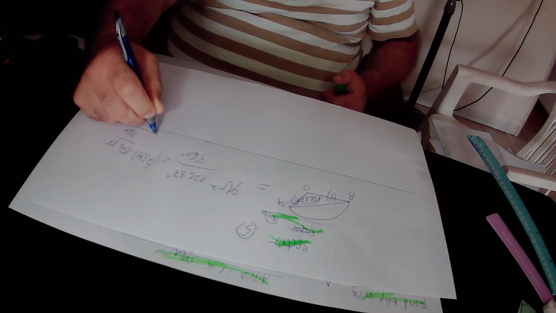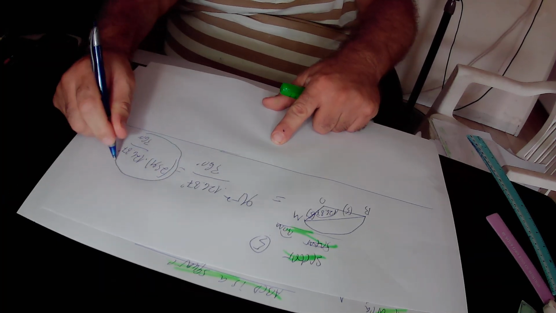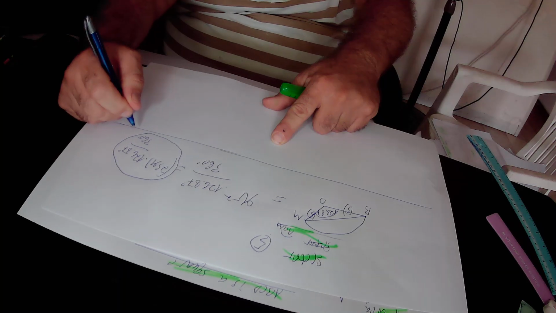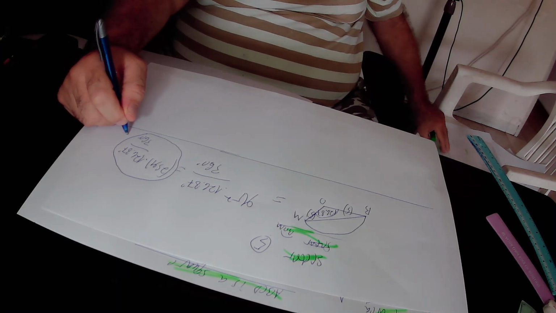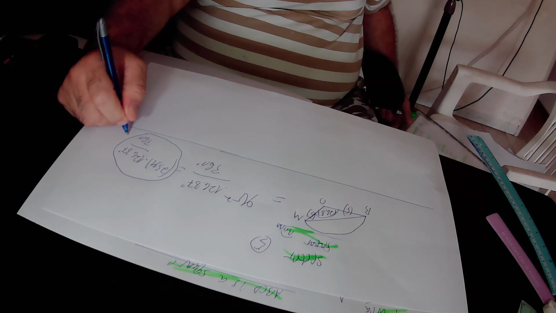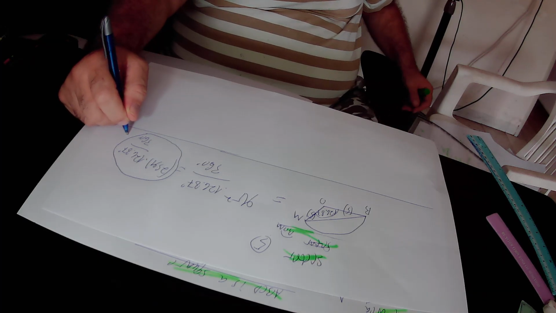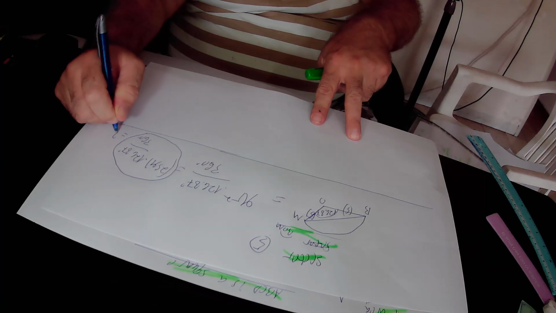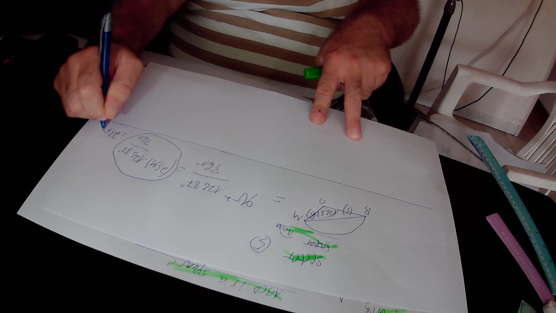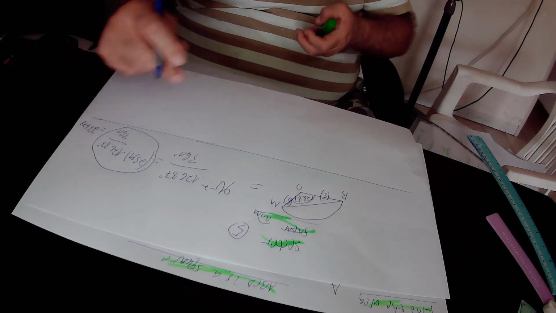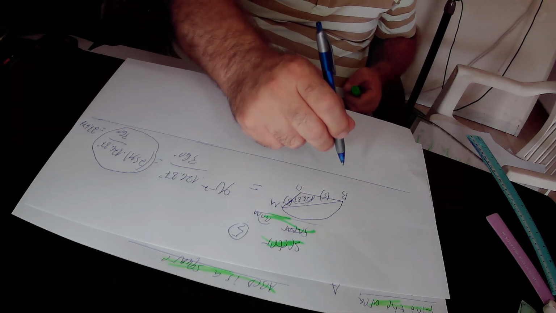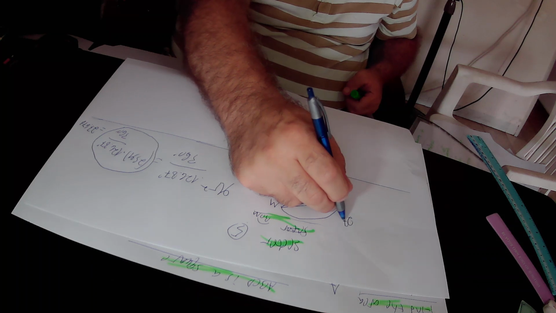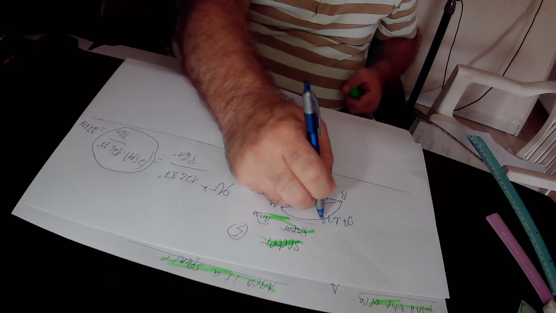In total, this expression equals 27.678 square meters in size. So the area of this sector BOM is equal to 27.678 square meters in size.